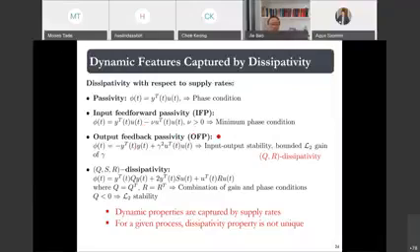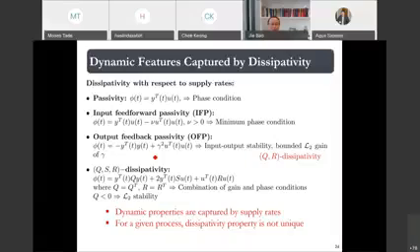If we have an output feedback passivity, then the supply rate is minus y transpose y plus gamma square u transpose u, and it basically represents an input-output stability, or in other words, that the gain of the system is bounded. If it's nonlinear, we say it's an L2 gain, and in this case, the L2 gain has to be bounded by gamma. So from this, you can see that the input-output stability condition can be represented using a dissipativity condition, or the system being dissipative with respect to the supply rate.